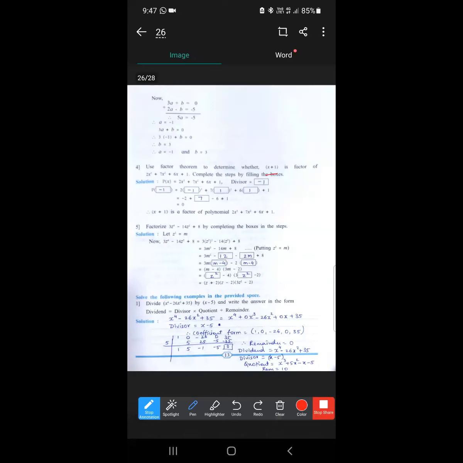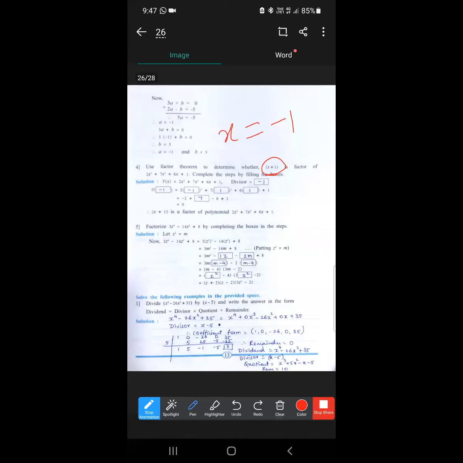So x plus 1 means x will be equal to minus 1. Wherever x is there, substitute minus 1. So for p of x, we are determining whether x plus 1 is a factor of this particular polynomial or not.